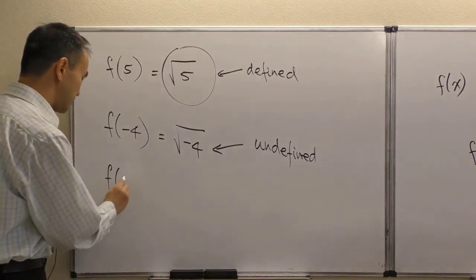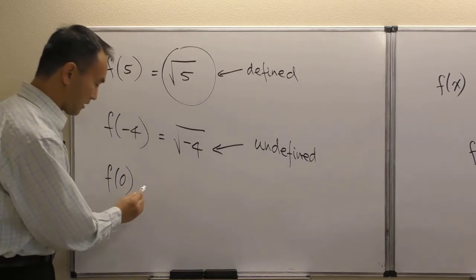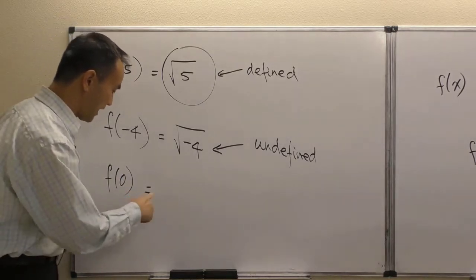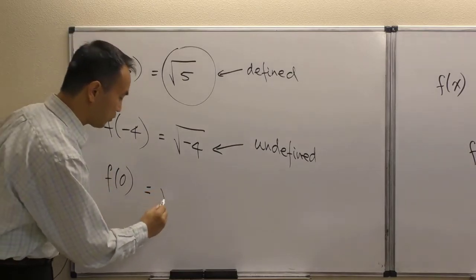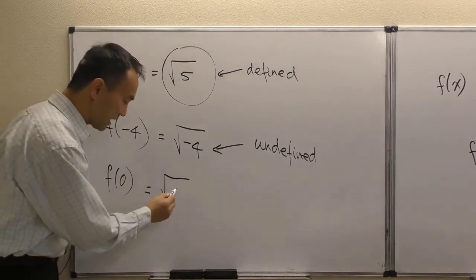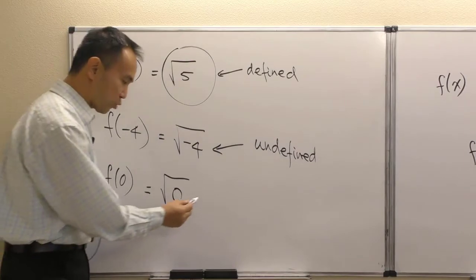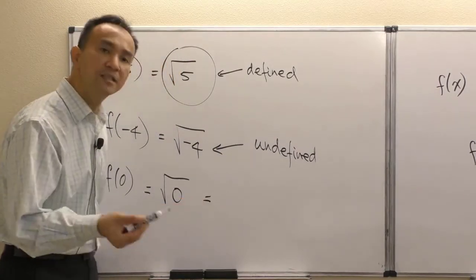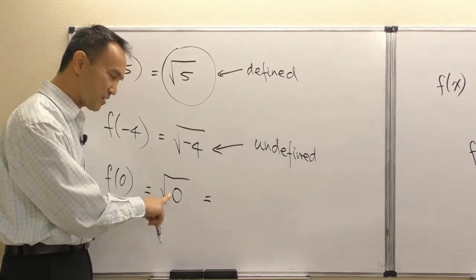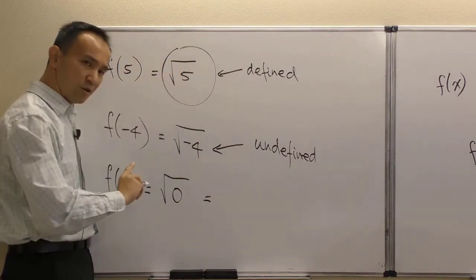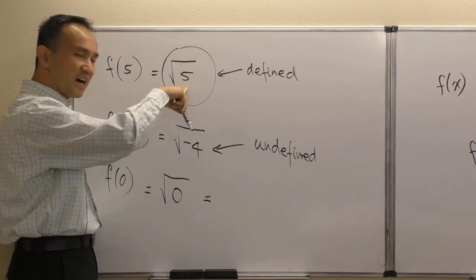Now we can try with f of 0. Now 0 is the input, and the rule of the function says we take the square root of the input. The square root of 0 is entirely possible. I'm now starting to use that term: the square root is a mathematical operation. Taking the square root of 5 is possible.